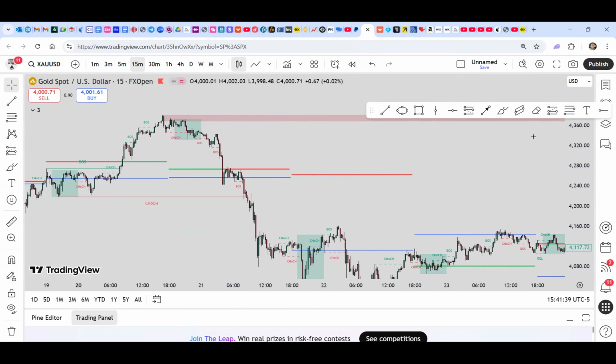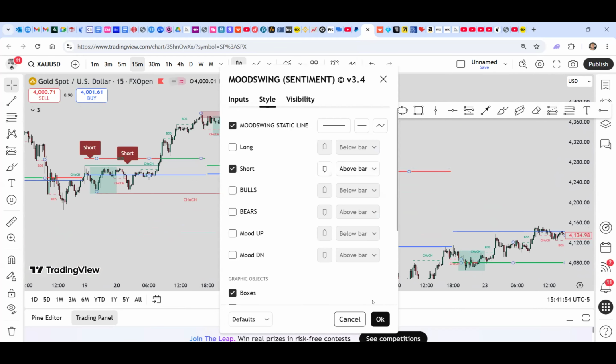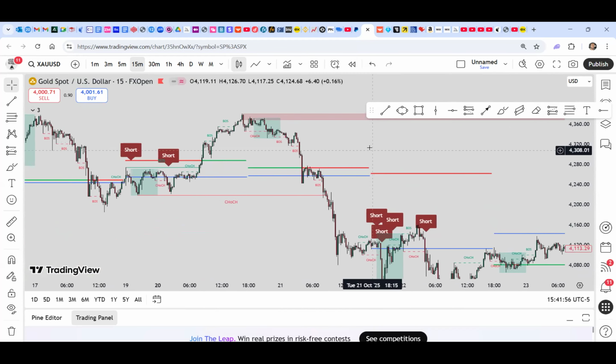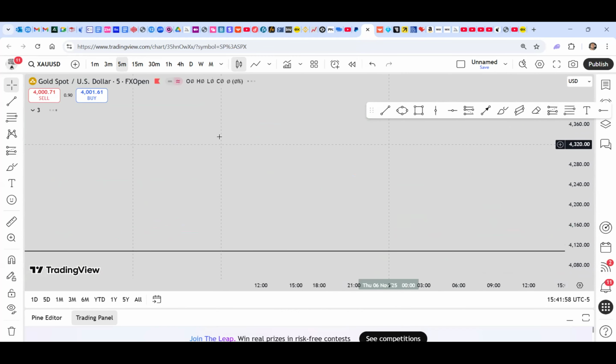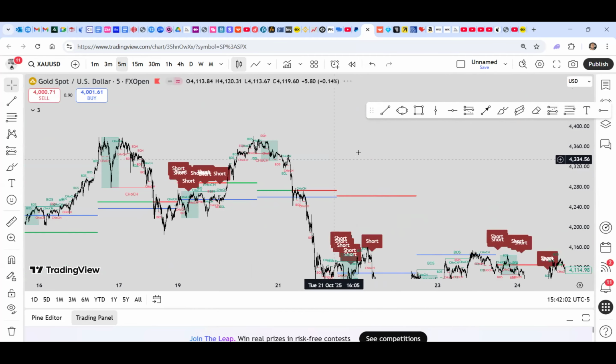Okay, so for example, you could actually switch on the shorts. Yeah, right, there you go. Okay, I would usually go to the 5 minute. Let me go back to that area. It started selling off.